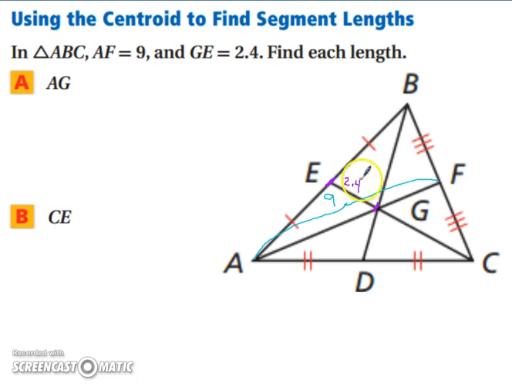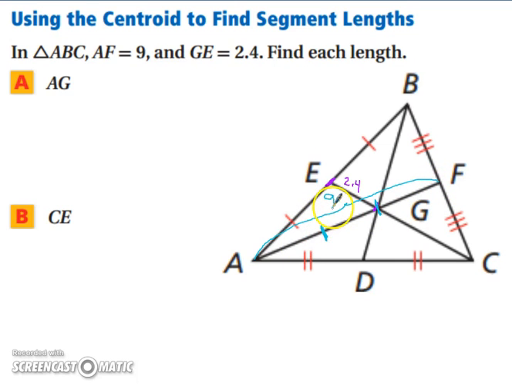Now it wants us to find AG first. So from A to G, well, think of it as thirds. So split this into 3 pieces. The whole line into 3 pieces, not from A to G into 3 pieces. So from the vertex to your centroid, that's 2/3 of it. The other third goes to the rest of the way to the line.